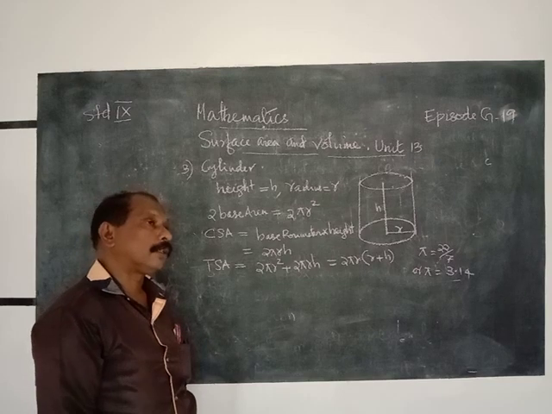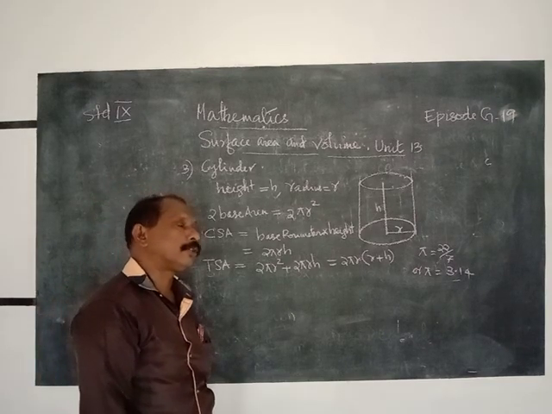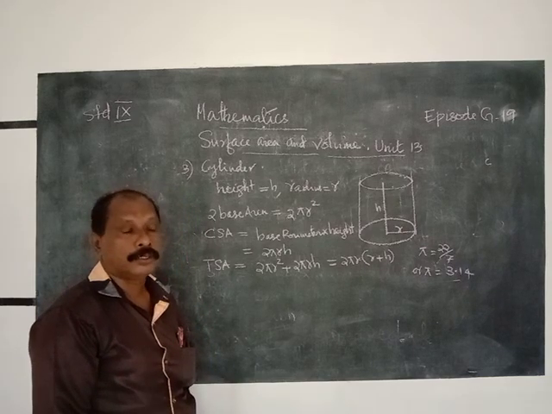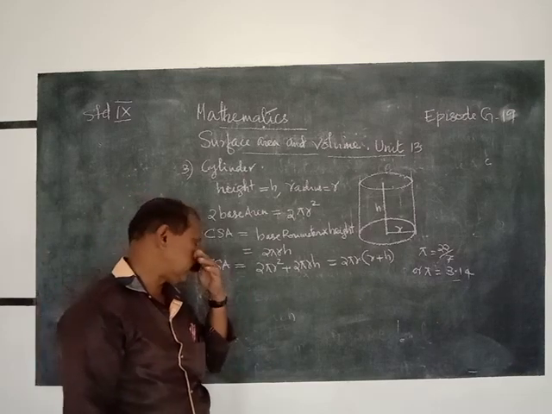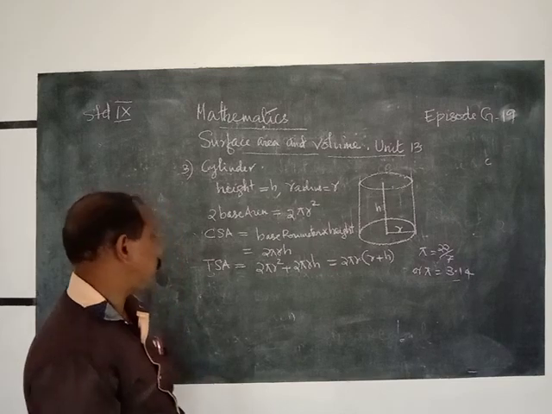Then we consider 3.14 as pi. But if the radius of the cylinder is a multiple of 7, that is 7, 14, then 21, etc., then pi is replaced by 22 by 7. That is the value for simple calculations.